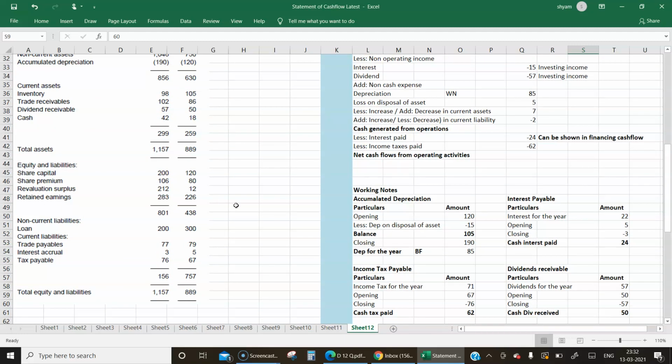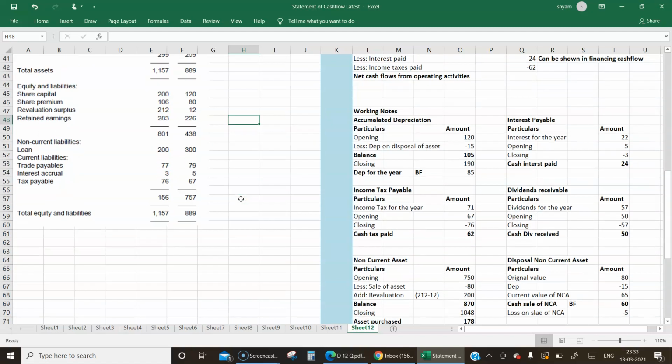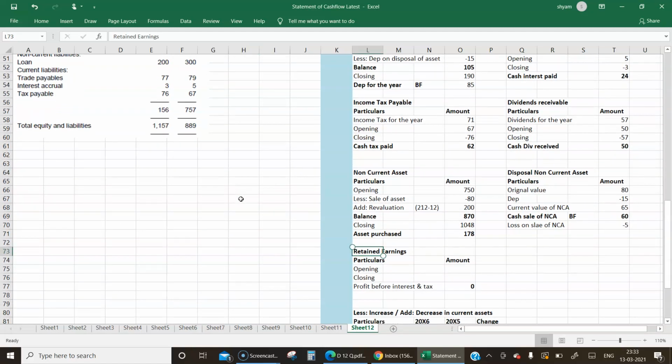The next step is retained earnings. If you see, the difference seems to be 283 minus 226. We don't need to put it like that; we can go to the retained earnings account. So we'll start.